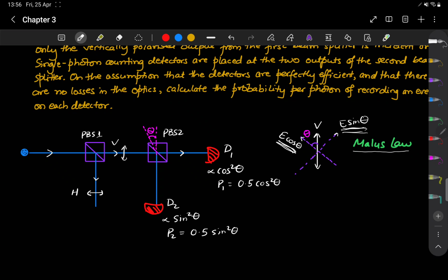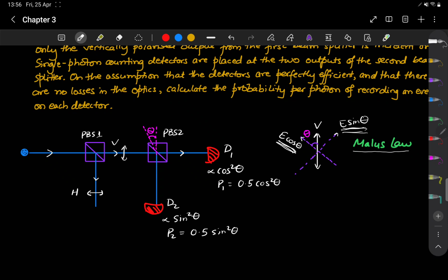So if the intensity becomes half in the classical sense, that simply means that only half of the number of input photons are getting transmitted and half of the input photons are getting reflected. So at a beam splitter, classically we say if it's a 50-50 beam splitter, the intensity of the reflected beam will be half that of the input intensity, and the intensity of transmitted will be half that of the input. So both reflected and transmitted intensities will be half of the input intensity.